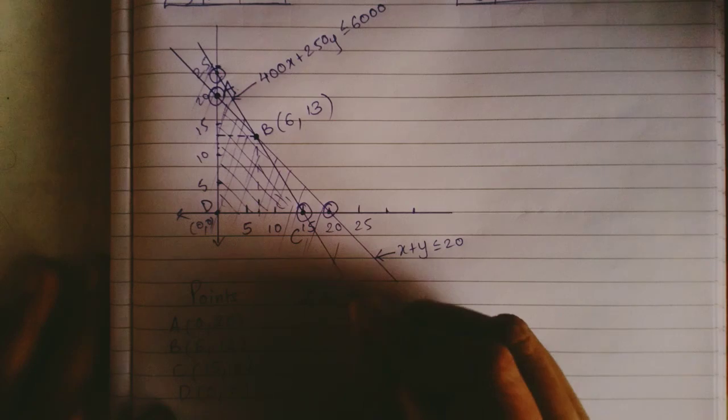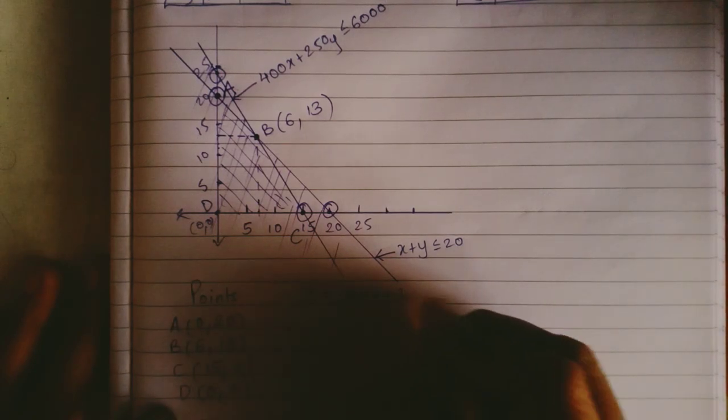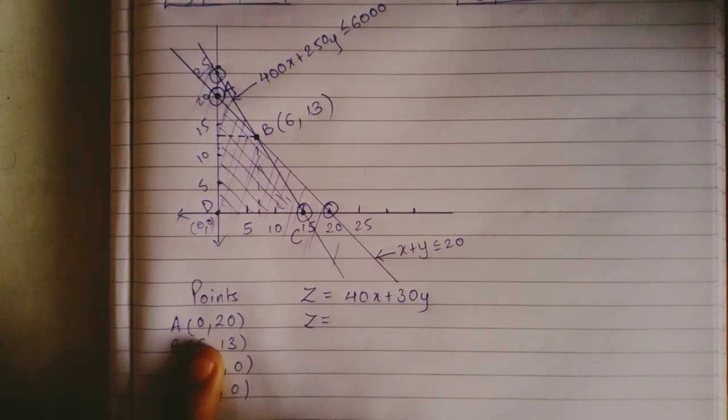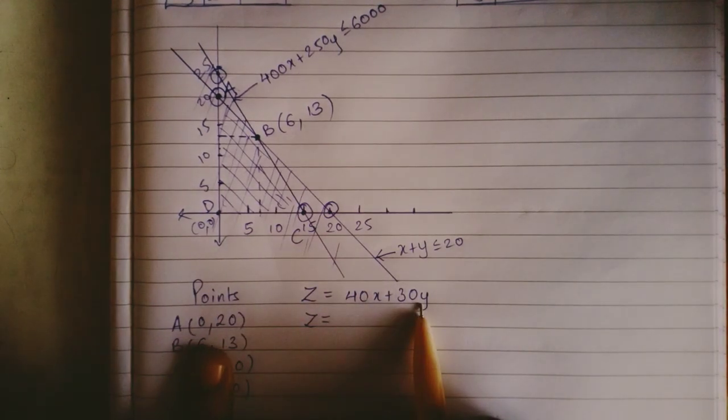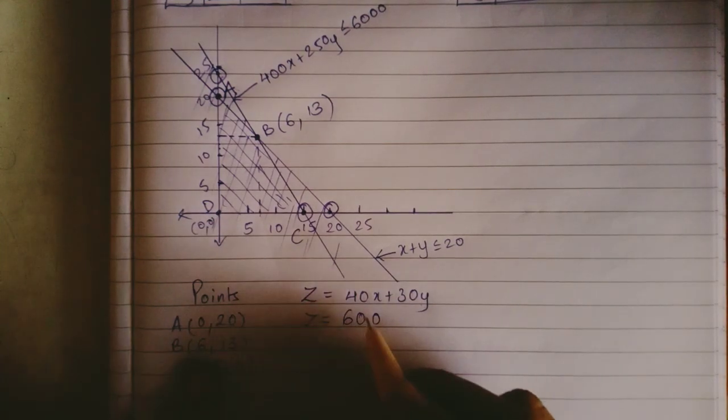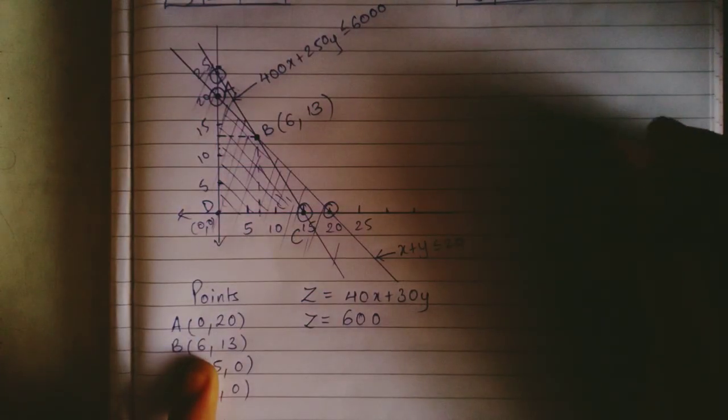Then Z is 40x plus 30y. So for this it is 30 into 20, 600. Then 40 into 6 and 13 into 30.